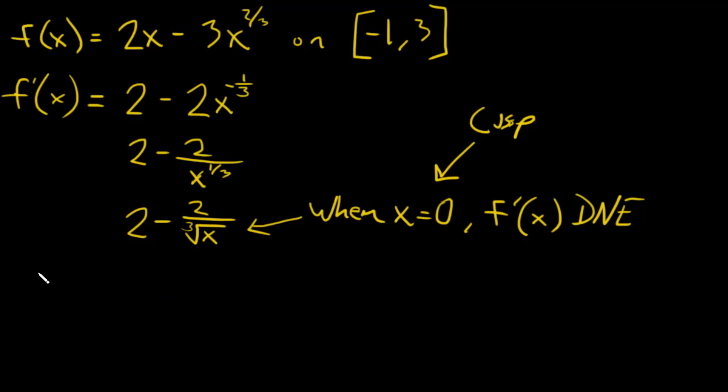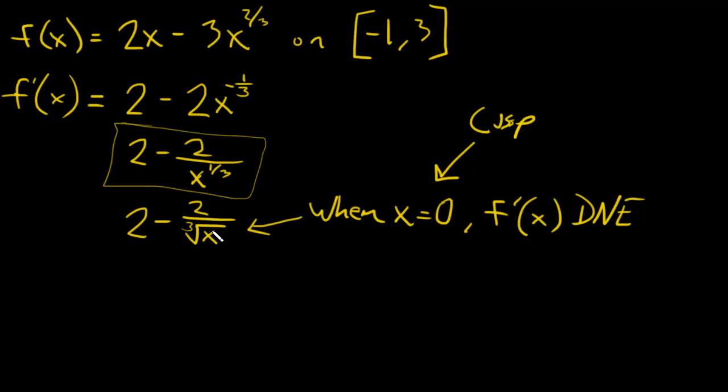And the other ones are when we actually set the entire derivative, this derivative right here, equal to 0 and solve. Let me be very, very clear right here. The first thing I did here was I looked to see if there are any places where the derivative does not exist.